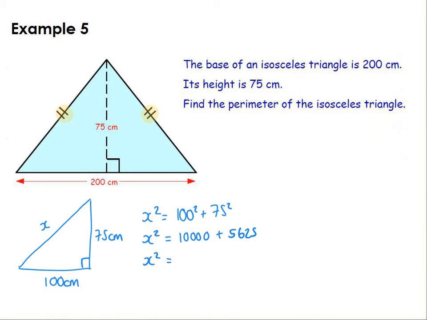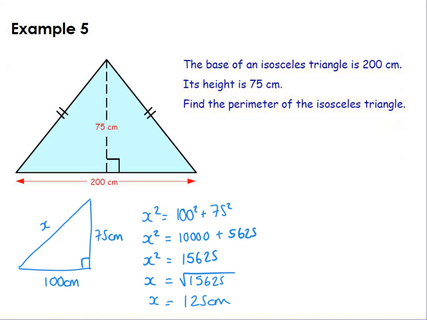So in total, we've got 15,625. To find x, I'm going to do the square root of that number, 15,625, and that gives me an answer of 125 centimetres.